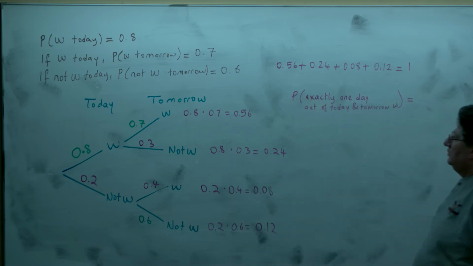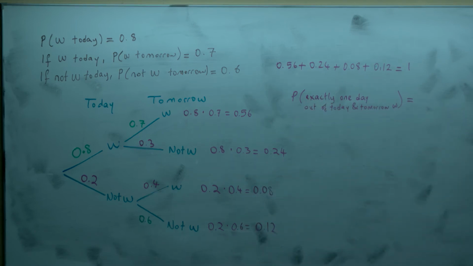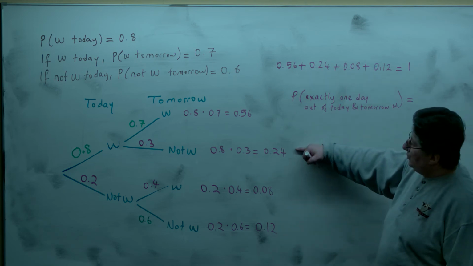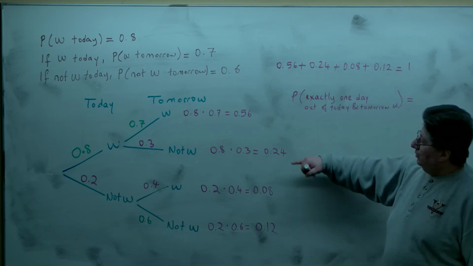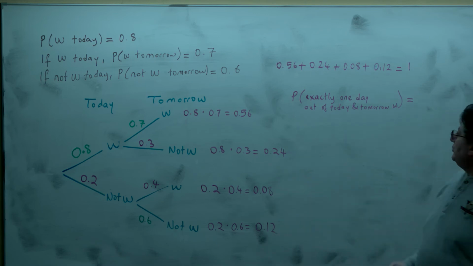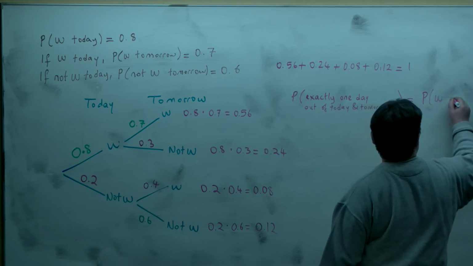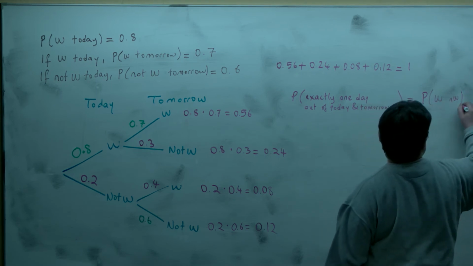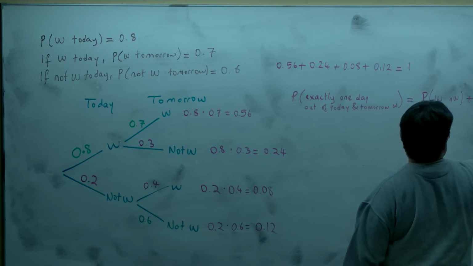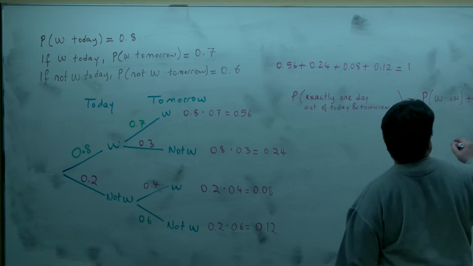How do we do this? Exactly 1 of today and tomorrow windy. What does that mean? Either today is windy and tomorrow is not windy, or today is not windy, tomorrow is windy, right? So it is these 2 adding up. So basically probability of wind, no wind, plus probability of no wind, wind. That's what we are asking for.